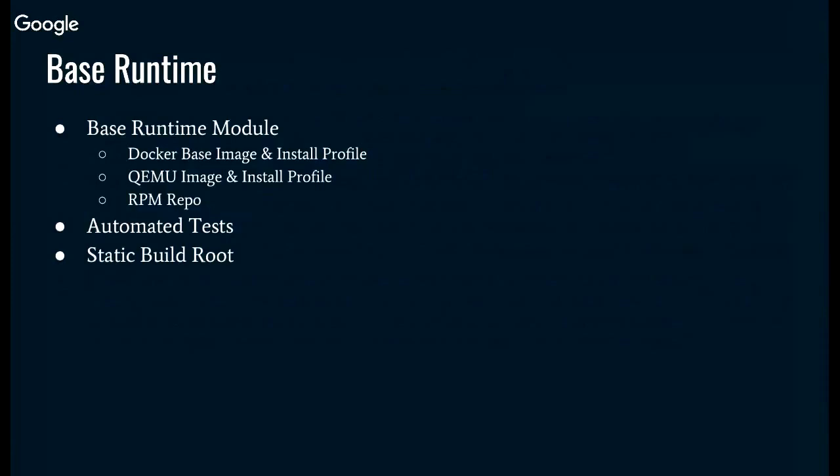Whereas a QEMU image does include the kernel, but maybe doesn't include something else. So all of the components are available and maintained at the module level, and then any given install profile defines what is default, what is provided in the actual install.